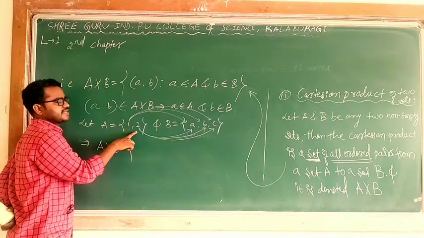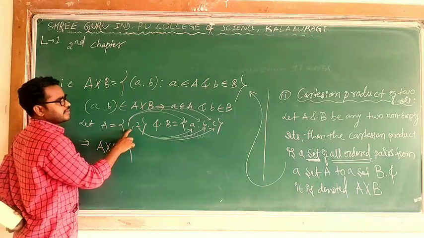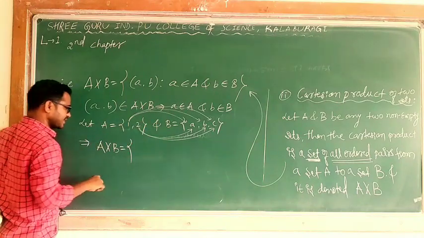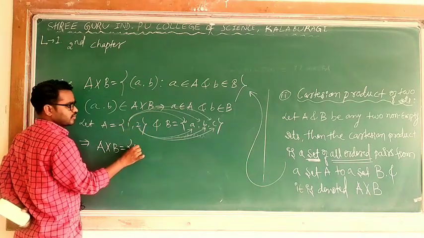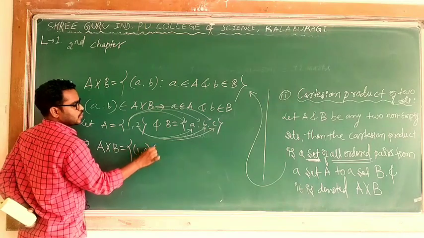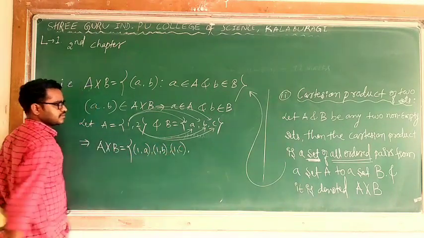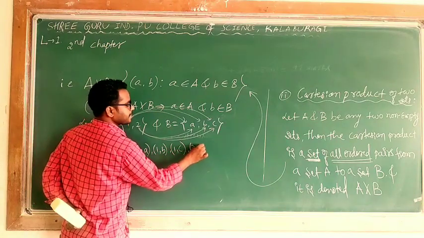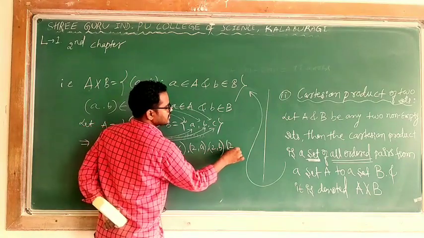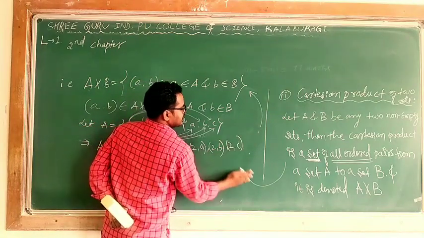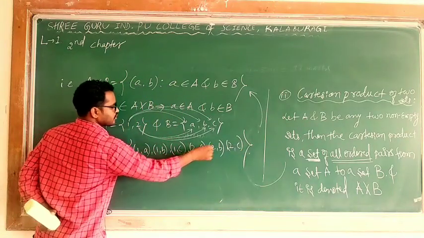If there are more elements, we take them pairwise, every element with those elements. So what are the ordered pairs? We collect them as ordered pairs: (1, a), (1, b), (1, c), then (2, a), (2, b), (2, c). That is 1, 2, 3, 4, 5, 6.